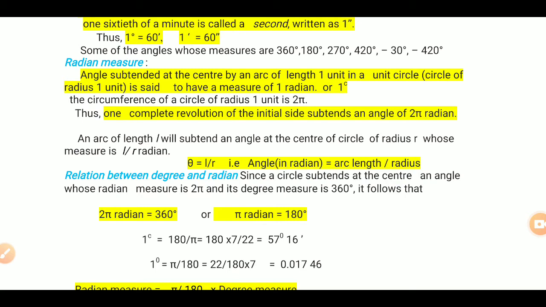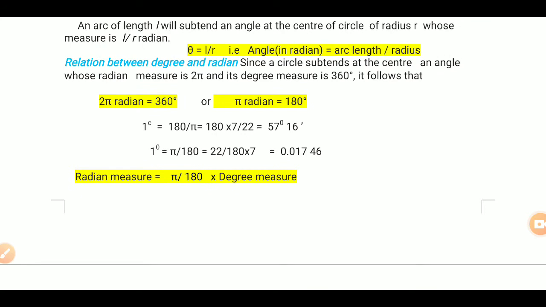So 1 radian is equal to 180 upon pi. Taking pi as 22 by 7, it becomes 180 into 7 upon 22, which is 57 degree 16 minute approx.